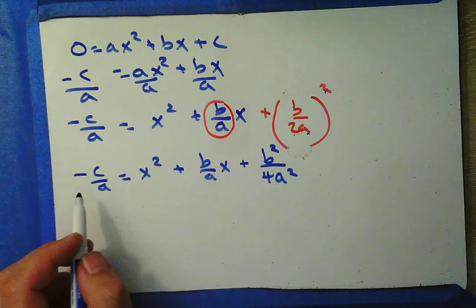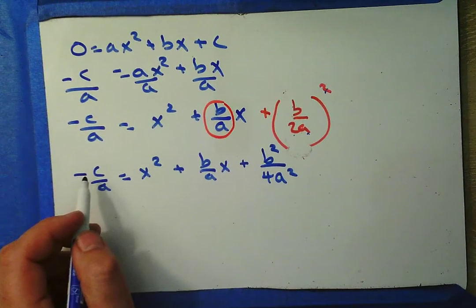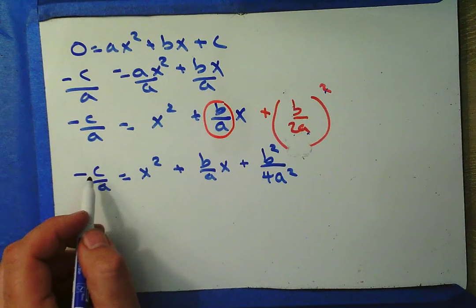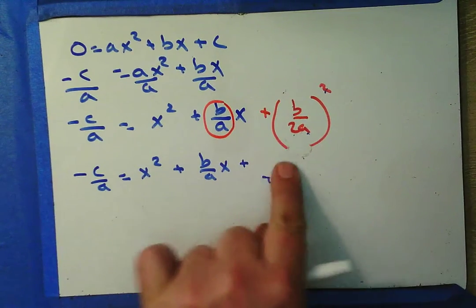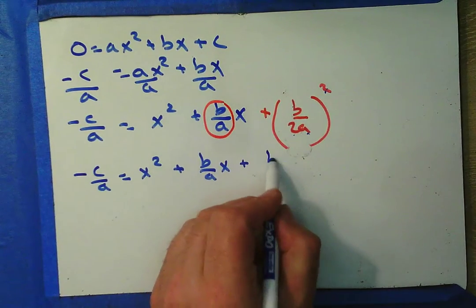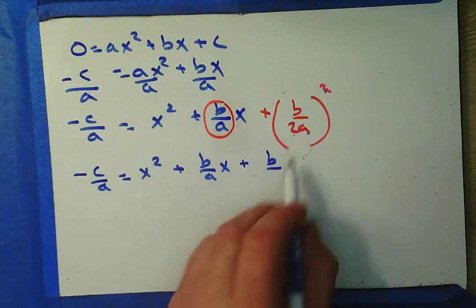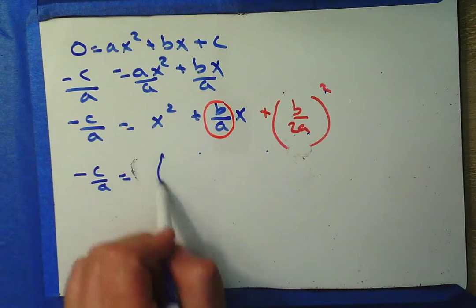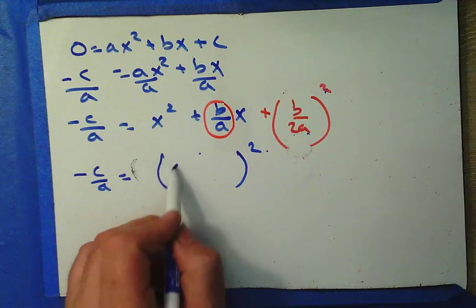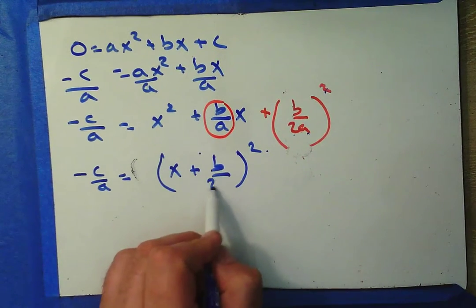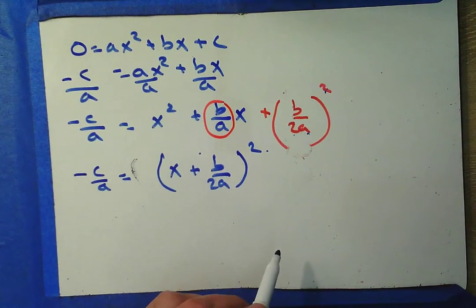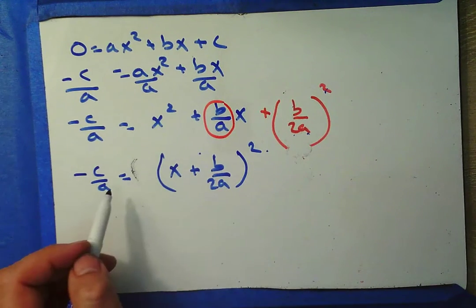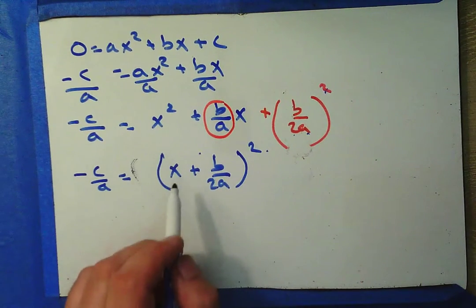All right. And then I know that this, no, I didn't want to do that after all. Sorry, I'm changing my mind again. I'm going back to this last step, and I'm saying this turns into that nifty factored form. Remember, x plus b over 2a. Okay, so what now? Well, remember what we're trying to do is solve this for x.